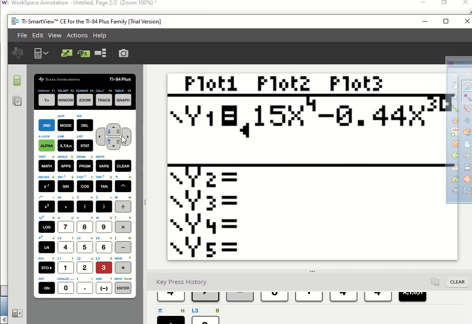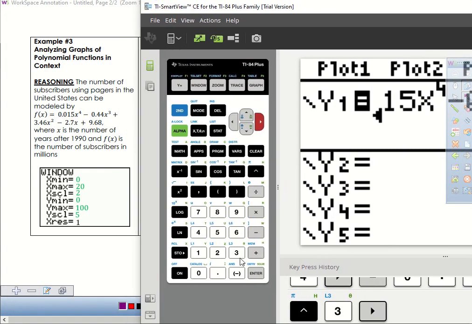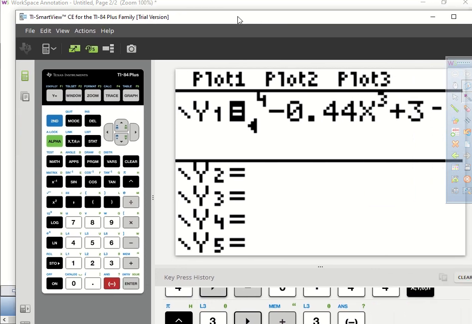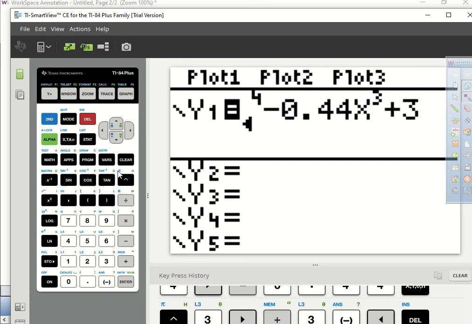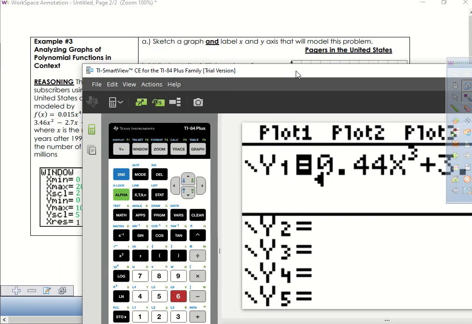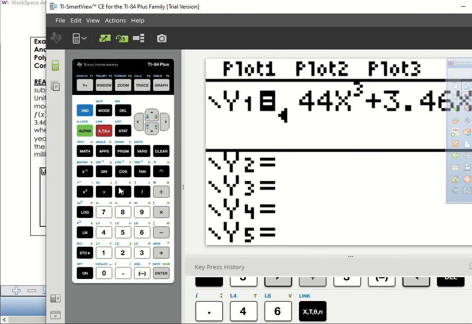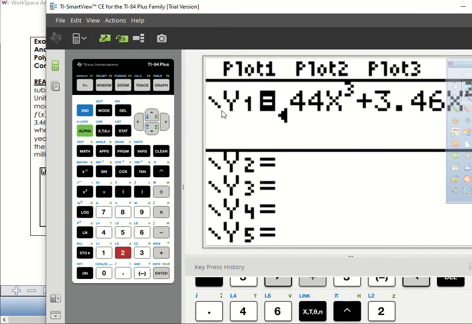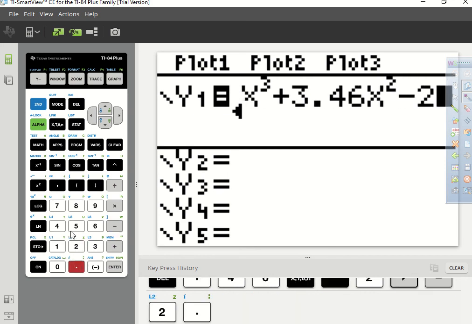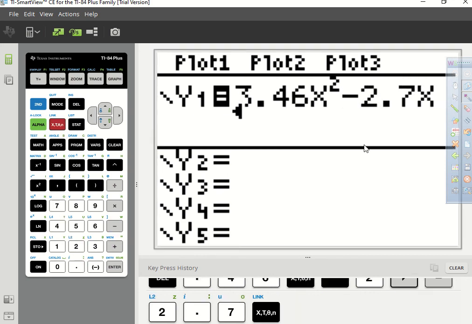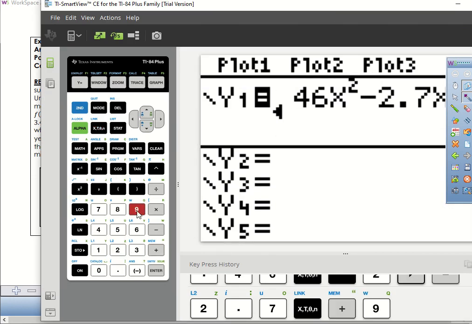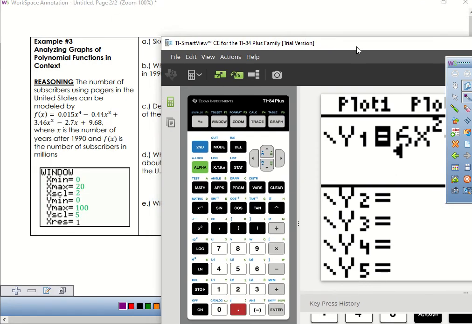Just typing in the equation. And then plus 3, oops, that's not what I wanted. Go back and delete like that. 3.46 x to the 2nd power minus 2.5 x plus 9.68.